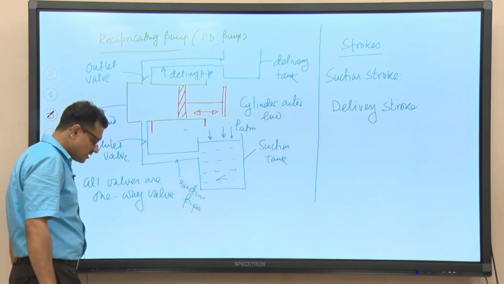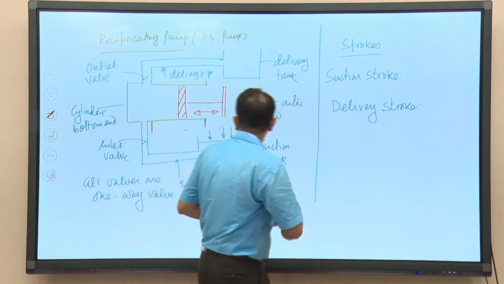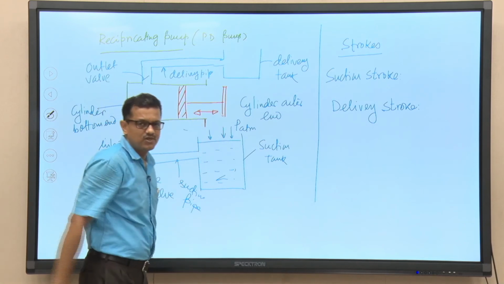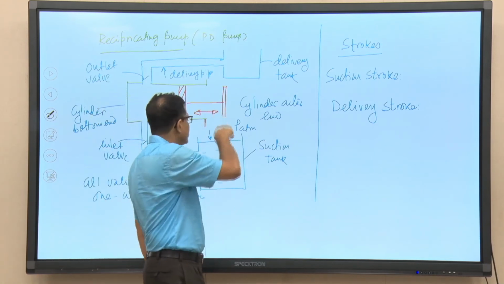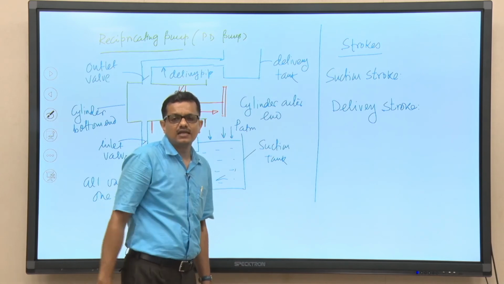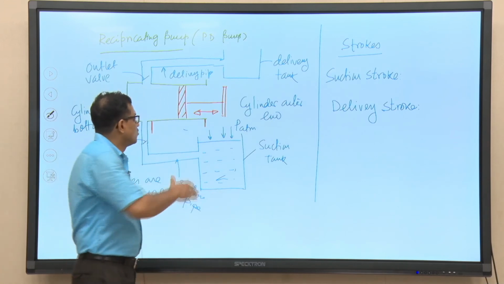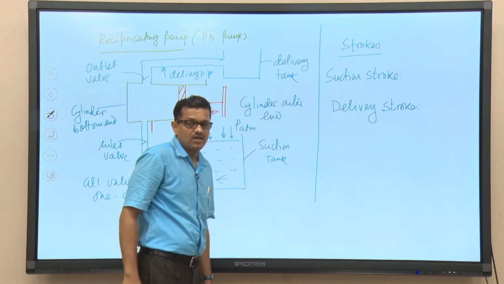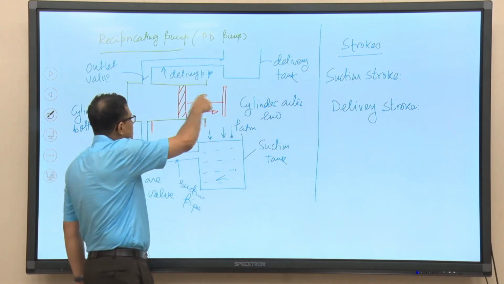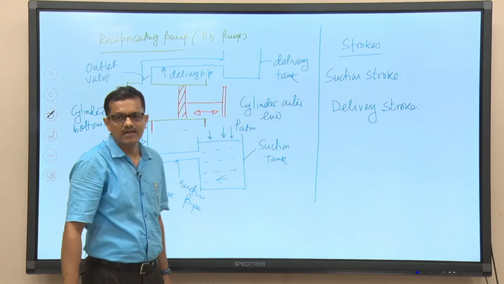So, what is important over here is that if we try to produce the reciprocating movement of the piston by using an electric motor or internal combustion engine, instead of operating it manually, we will see that this piston is connected to the crank through a connecting rod mechanism.